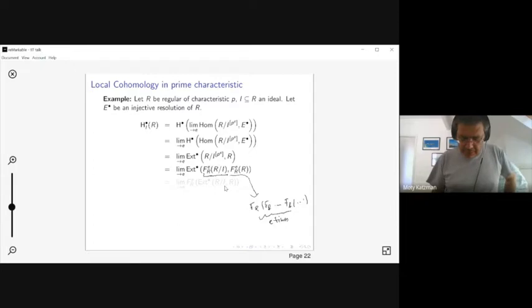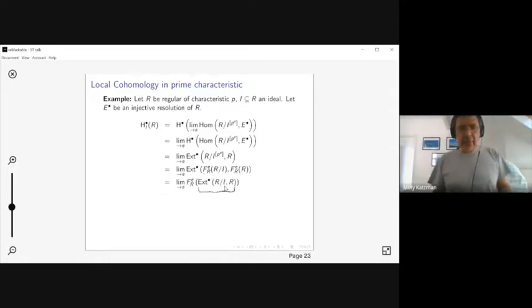So now we end up with a direct limit of Ext of the e-th Frobenius functor of something to the e-th Frobenius functor of something else. Now we remember that the Frobenius functor is exact. So we can pull the Frobenius functor outside. And then we're left with the direct limit of Frobenius functors of this nice finitely generated R-module.